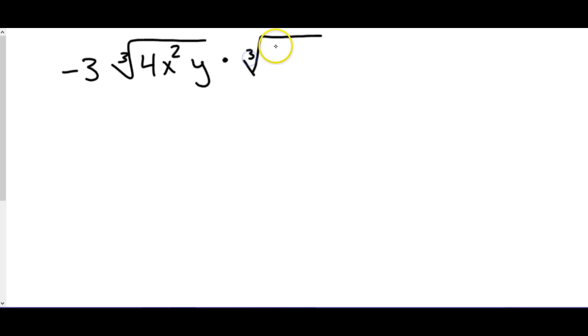They will also have some variables involved in these problems. So this time let's try one with a cube root. On this problem, there's only the negative 3 outside.